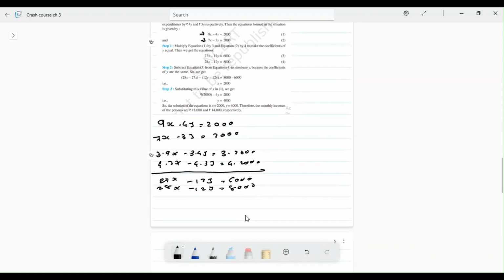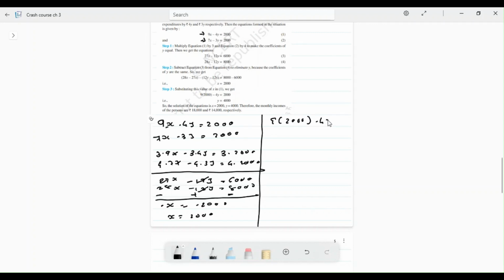Now if we subtract both the equations, equation 1 minus equation 2, the 12y gets cancelled, 27x minus 28x is minus x, and 6000 minus 8000 is minus 2000. So x is equal to 2000. Now if I place x is equal to 2000 in the first equation, 9 into 2000 minus 4y is equal to 2000.